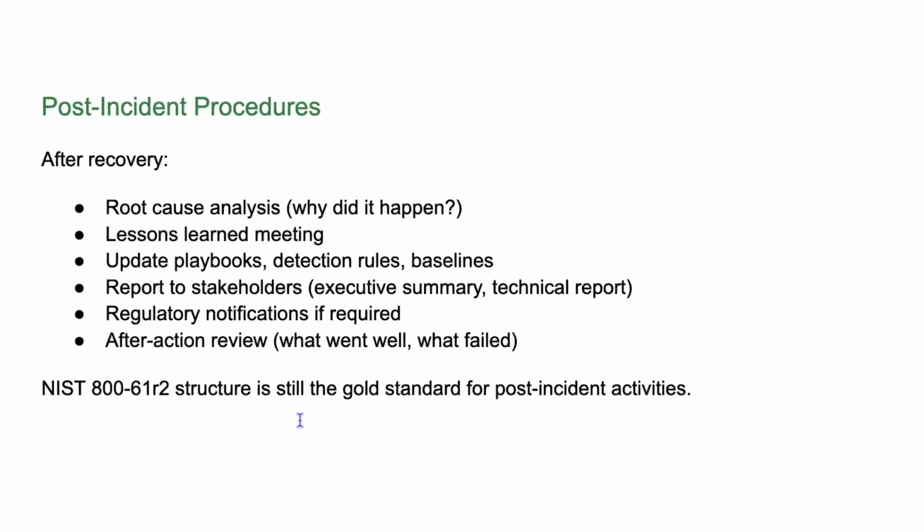And at the very least, these specific bullet points are going to be addressed. There's a really great framework for this: NIST 800-61 Rev. 2. Basically, it's a structured gold standard for post-incident activities. There are templates and all of those things that you can use to review everything that went on in your specific incident, take the notes and run the meeting, etc.